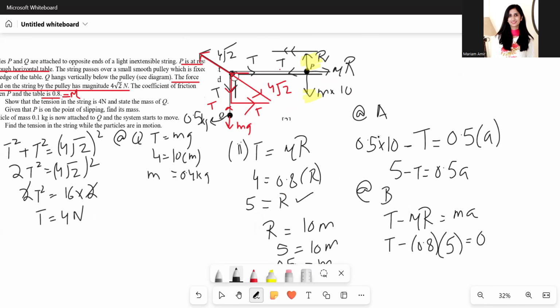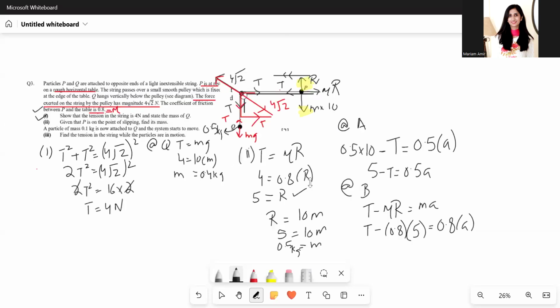Equals mass times a. Noticed a mistake. This is supposed to be the mass of P, which had come out to be 0.5. So this is 0.5, not 0.8. So this is also 0.5a.